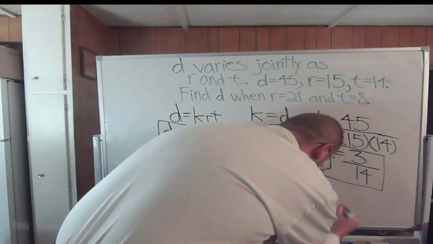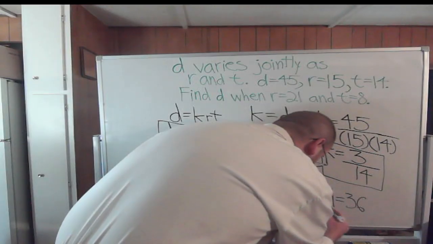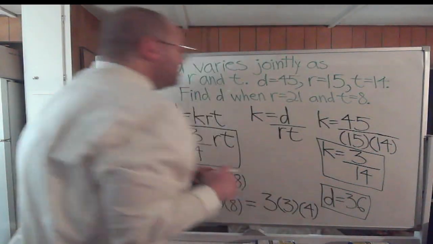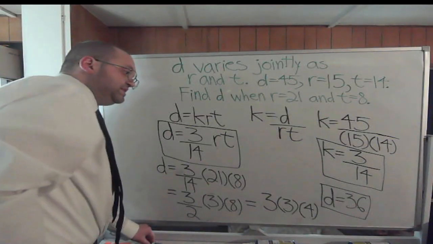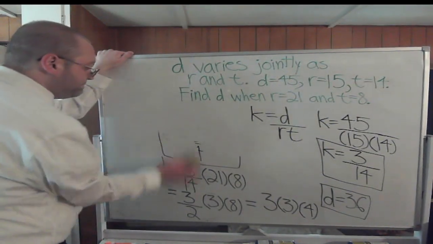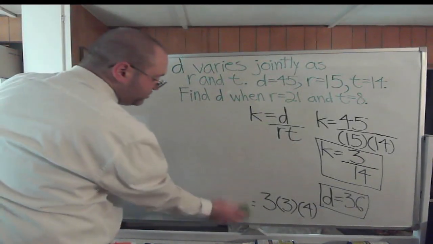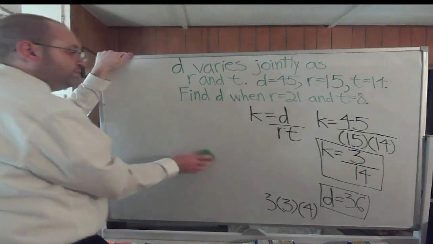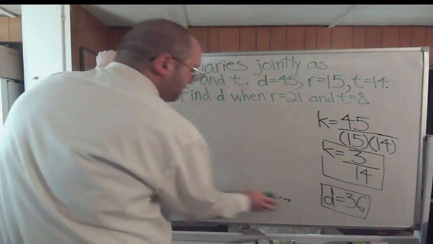So D is equal to 36 when R equals 21 and T equals 8. So that's the first problem. As you're probably beginning to see, this is pretty much just a direct variation, only with more than 2 variables. That's really all it amounts to.